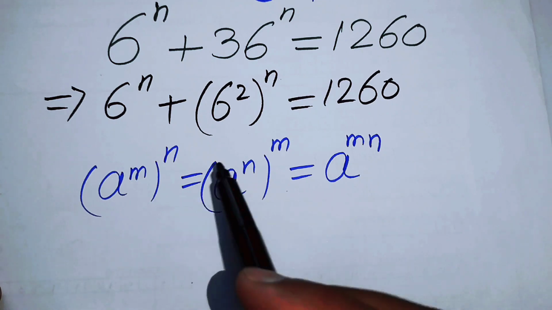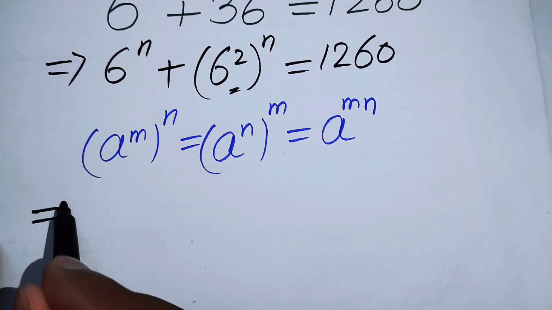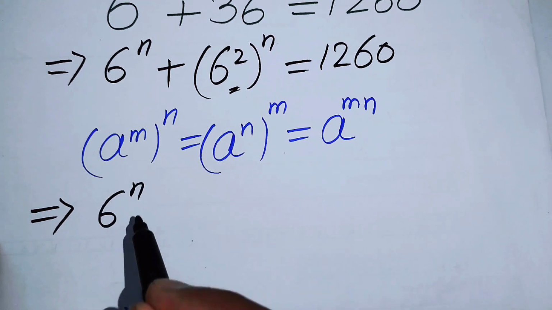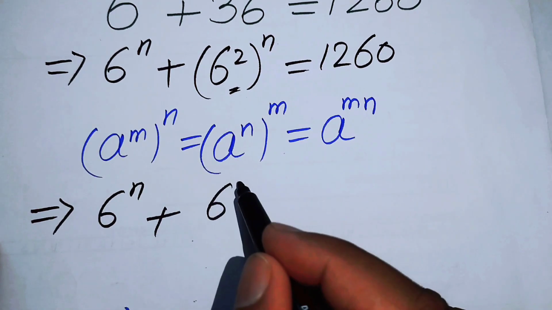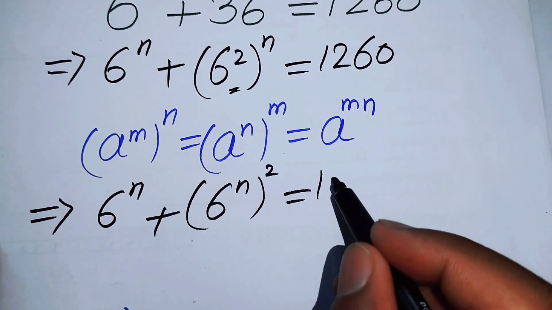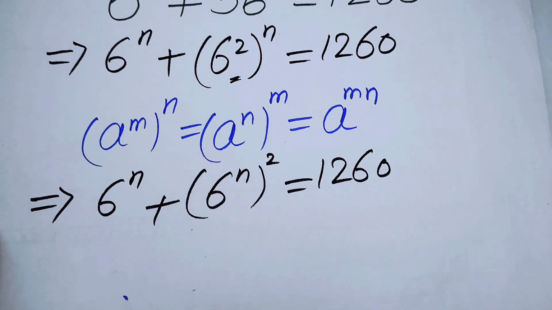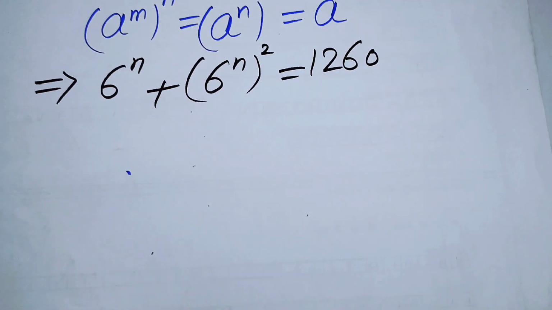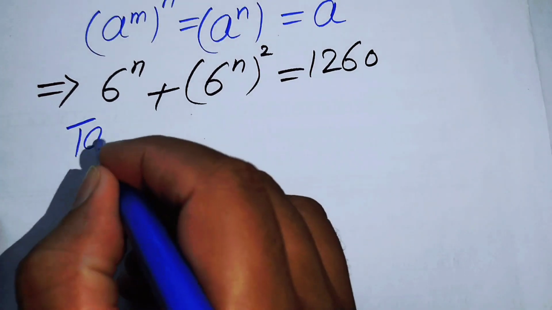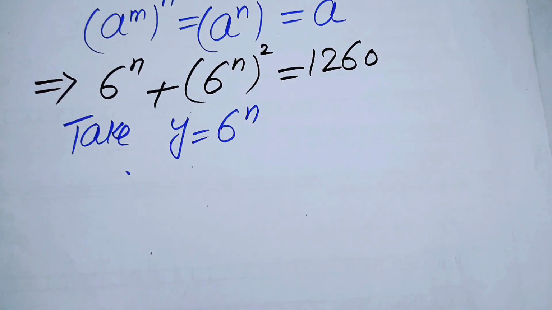So we can apply this exponential law in this term, and you get the output in the form of 6 to the power of n plus 6 to the power of n, and its whole square, is equal to 1260. After that, we need to change this exponential equation into quadratic form, so we will take y equal to 6 to the power of n.